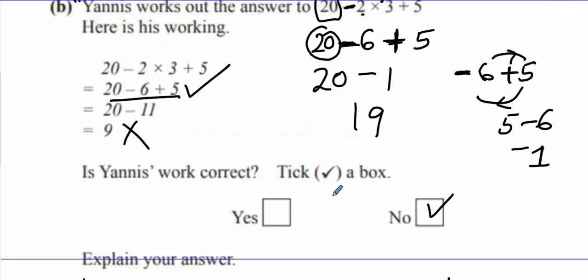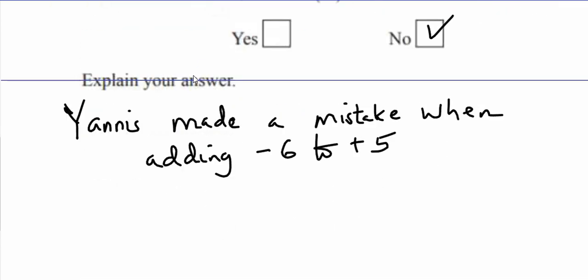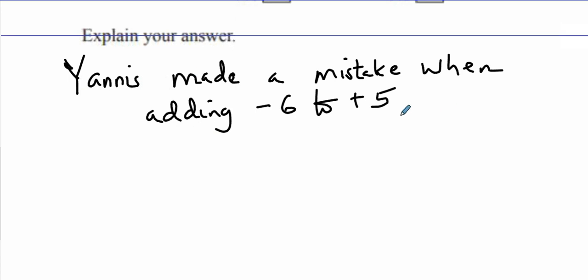In this area here, Eunice was supposed to take negative 6 plus 5 and not 6 plus 5. Eunice made a mistake when adding negative 6 to positive 5.